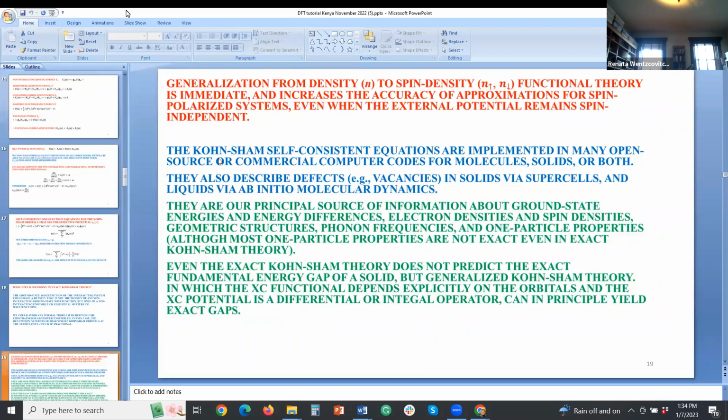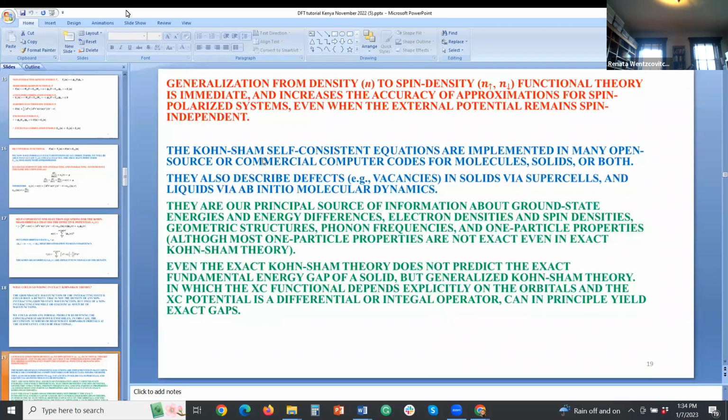There's a subtle reason for that, because the energy gap is actually a difference of ground state energies. But the exact gap is not predicted by the exact Kohn-Sham band structure, because when you change the electron number, the derivative of the energy with respect to electron number changes discontinuously.